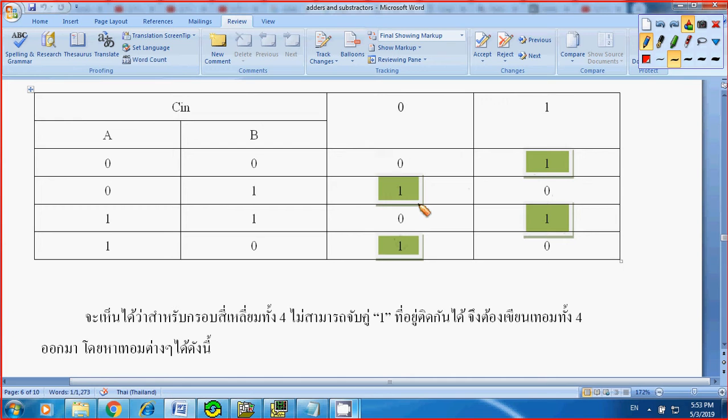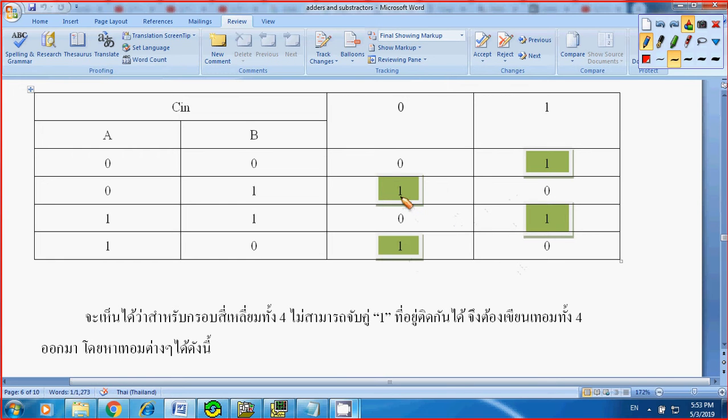For this case, you cannot combine the logic state 1 and 1 together, because they are separate. Okay, they are not adjacent to each other. So that's why your output sum expression has to be 4 terms: 1, 2, 3, 4.